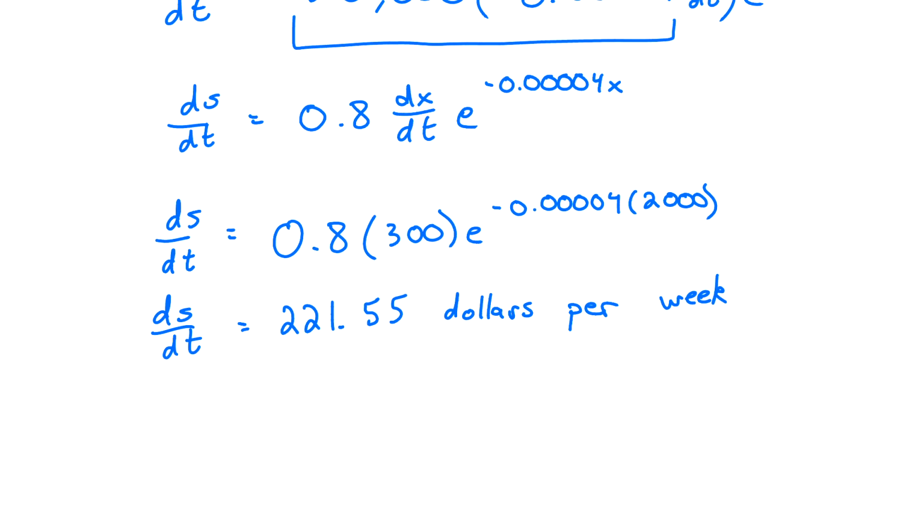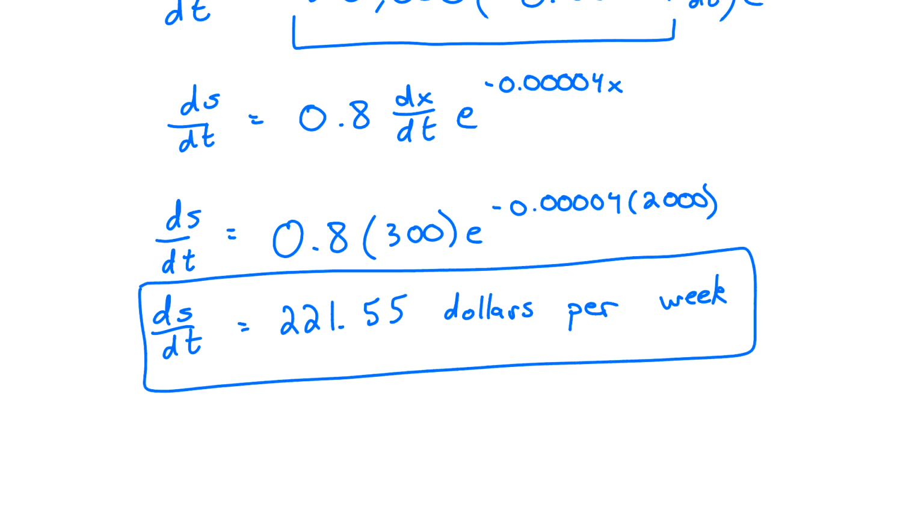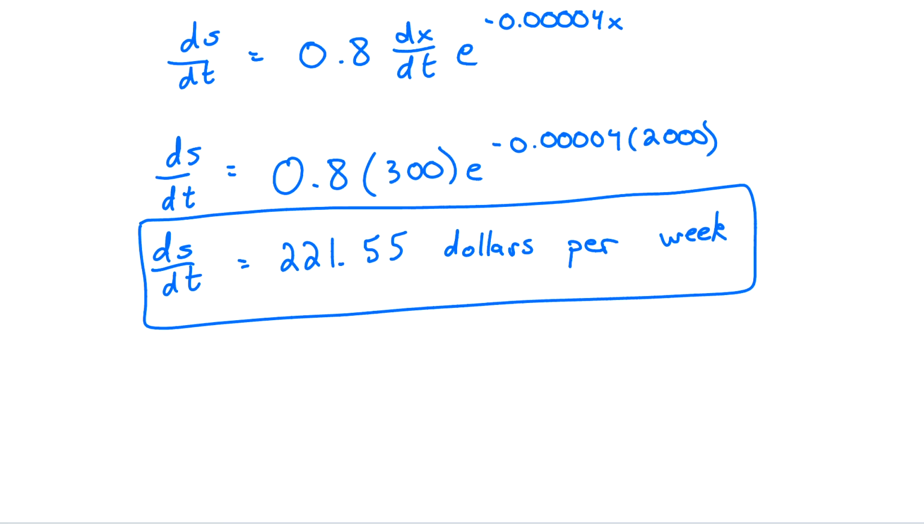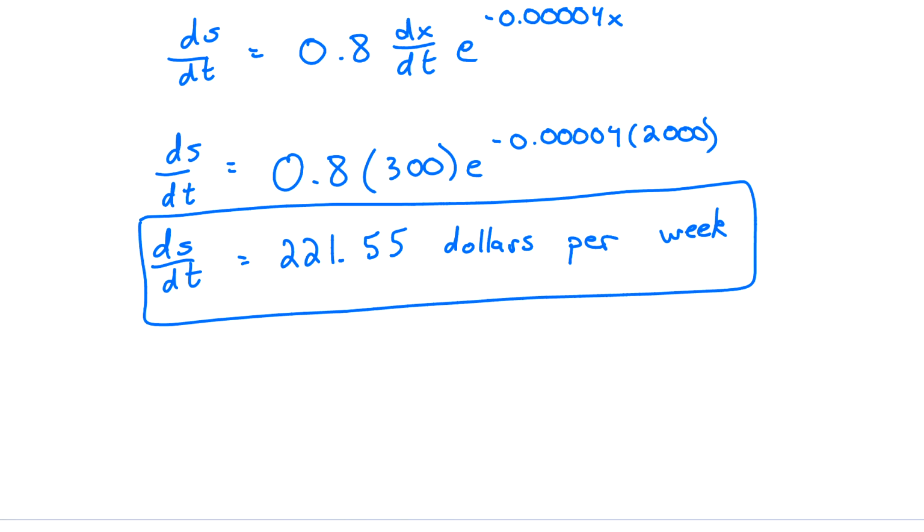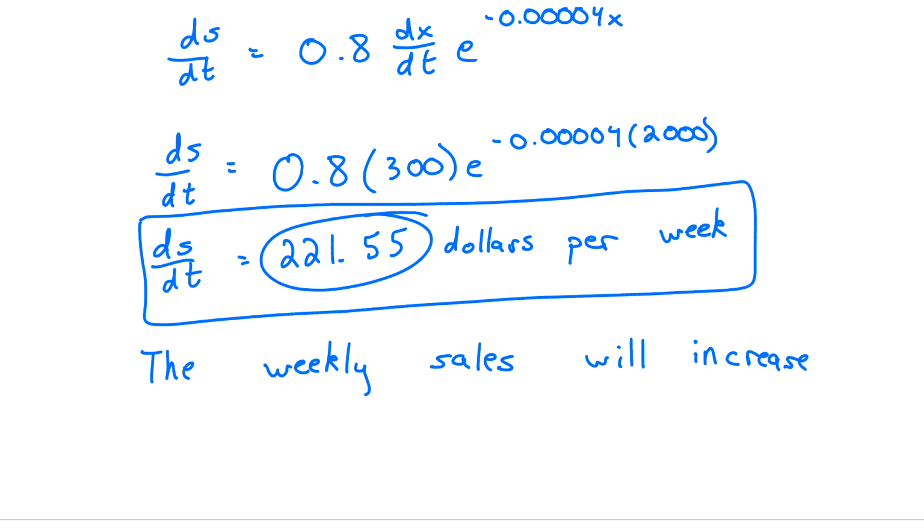So in this case, if I wanted to talk about what this number means, if you're just giving your answer on MyMathLab, you could say $221.55 per week. But if I want to talk about what this number means within the context of the problem, we can say that the weekly sales will increase, and we know that it's going to increase because we ended up with a positive number.